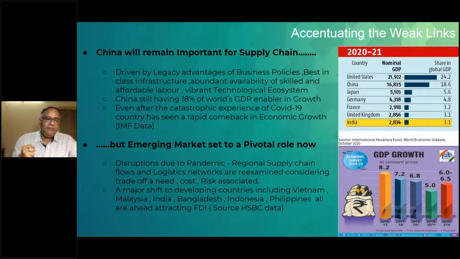Post-pandemic, the regional supply chain flows and logistics networks are being re-examined and risks are being reassessed. One example I quoted here: post-COVID, logistics networks had so much disruption that from China to US or China to India, the logistics cost has gone up 4 times compared to 2019 or 2020.